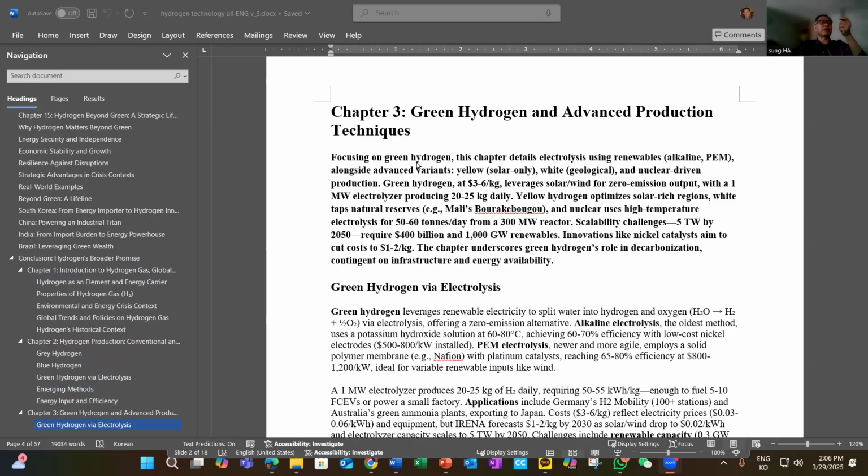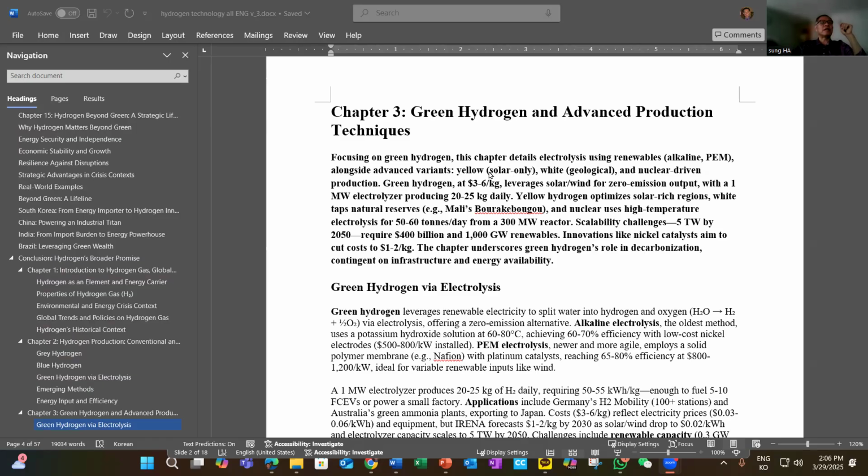Okay, focusing on green hydrogen, this chapter details electrolysis using renewable energy. The two typical methods are alkaline and PEM. We would like to study the alkaline and PEM methods alongside advanced variants.